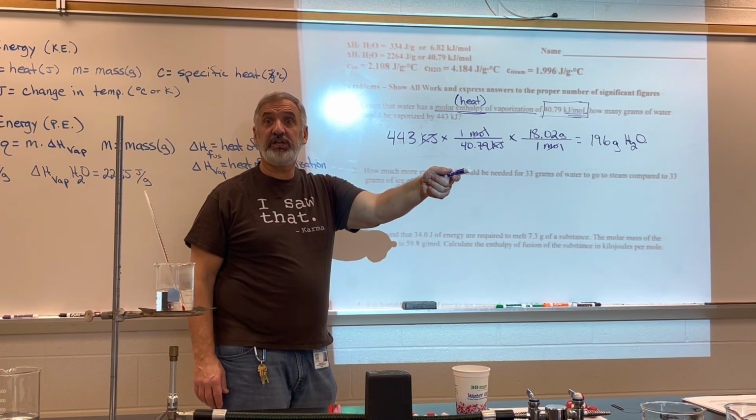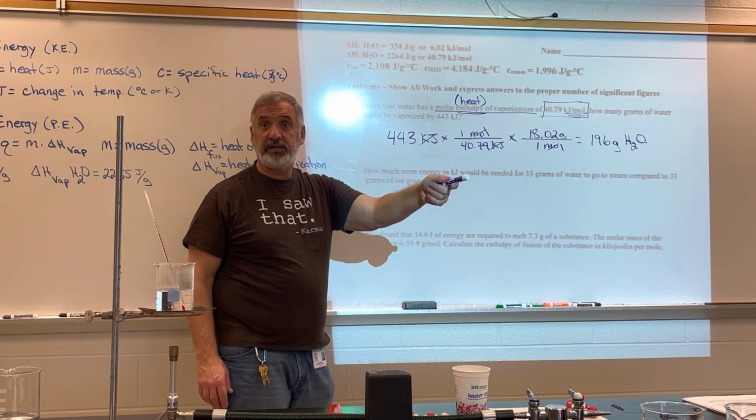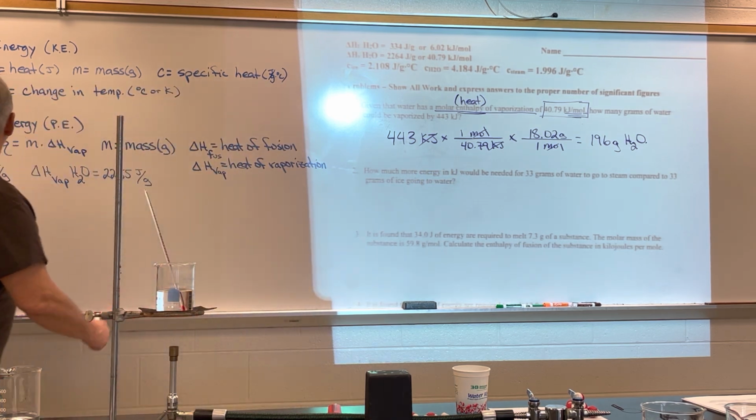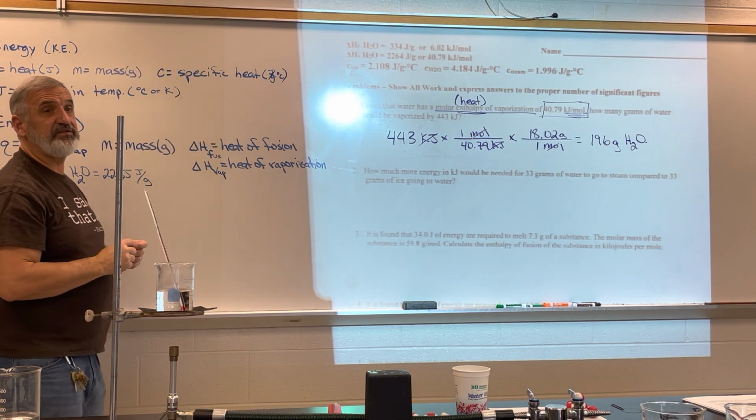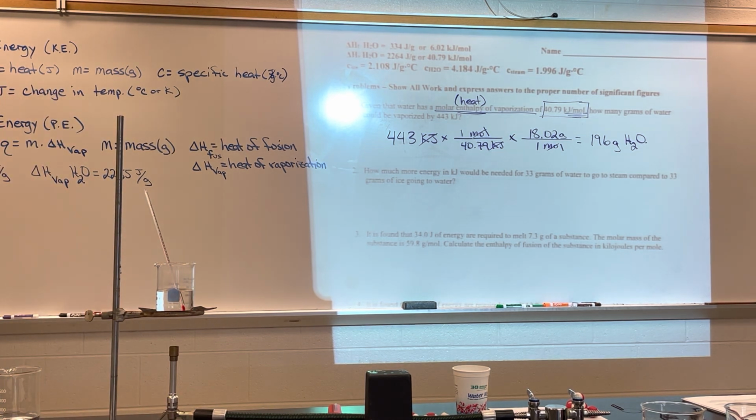Heat of fusion, heat of vaporization, right? So again, my Q, the heat, is going to be the mass times my heat of fusion, my mass times my heat of vaporization. So go ahead and let's see if you can do that. You're comparing the Q for ice, 33 grams, and the Q for water, boiling, at 33 grams.